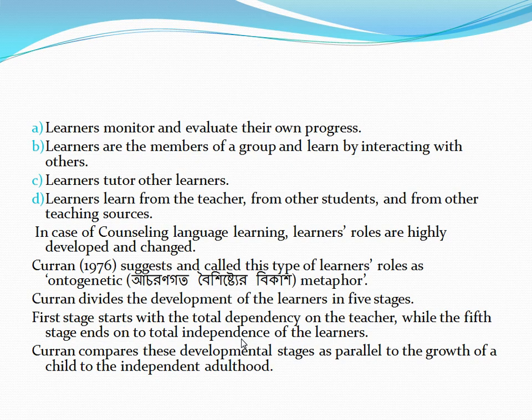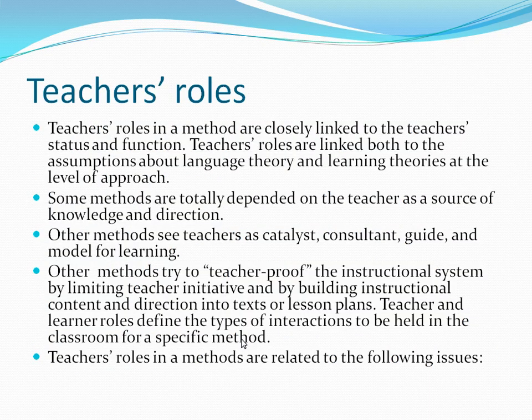So if any learner follows the learner's role in a method, he or she will be efficient independently and can present a session, deliver a lecture, or write an article individually. So the learner's role starts from total dependency on the teacher, and after the class ends, there will be total independence. Okay, so that is the learner's role.